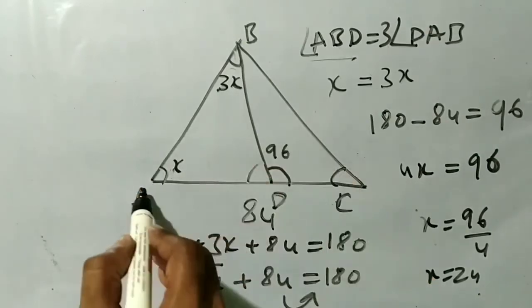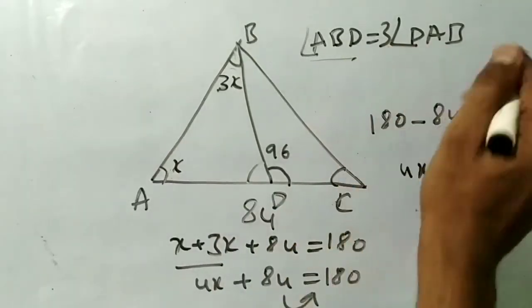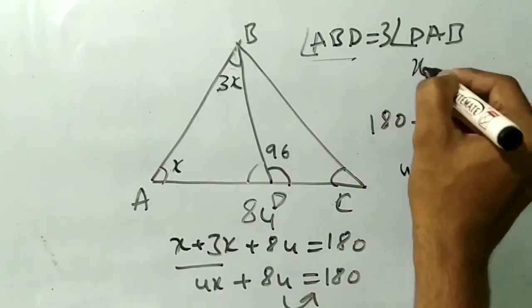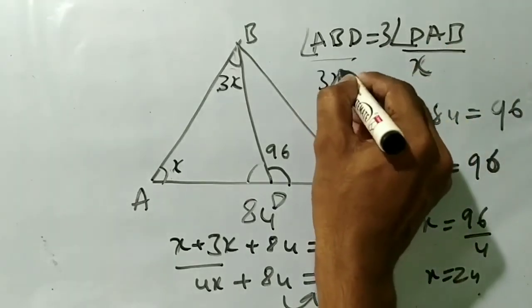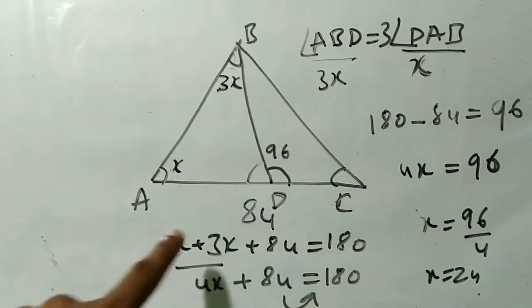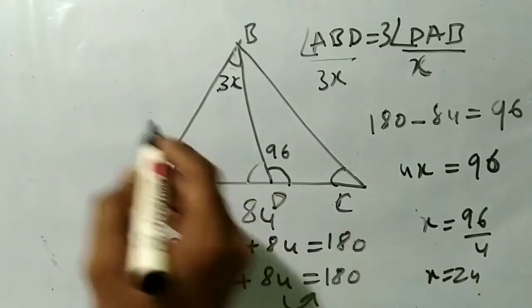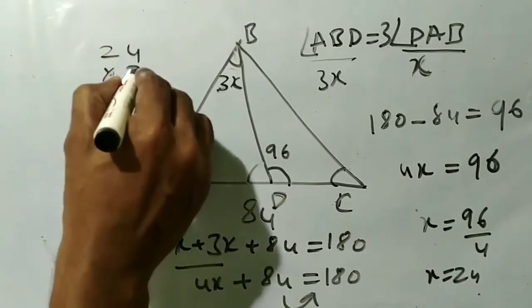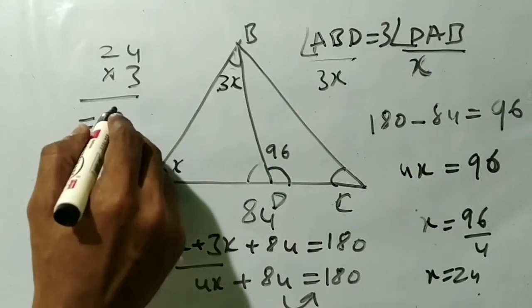Angle ABD is equal to 3X if DAB is equal to X. If this is X, this is 3X, 3 into X. So here X is equal to 24. Then 3 into X, that is 24 into 3, is equal to the answer for angle ABD.